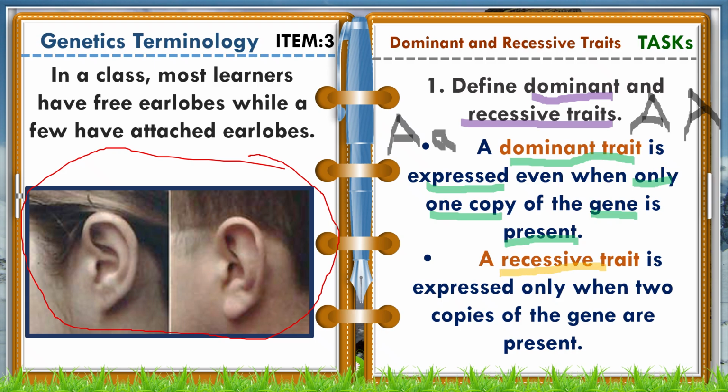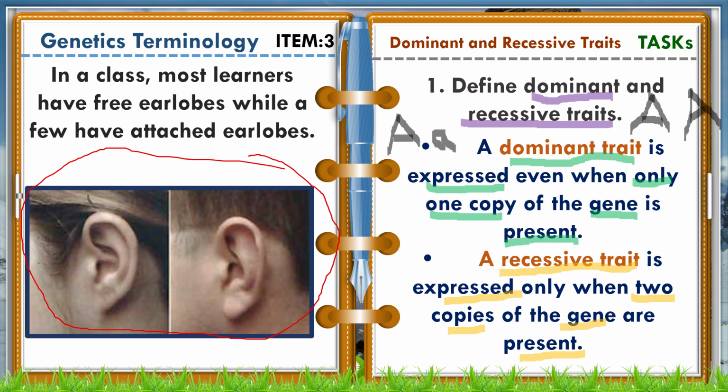A recessive trait is expressed only when two copies of the gene are present. A recessive trait will only be expressed when two copies of the gene are present. So when you look here, a recessive gene cannot express itself because it is only one.